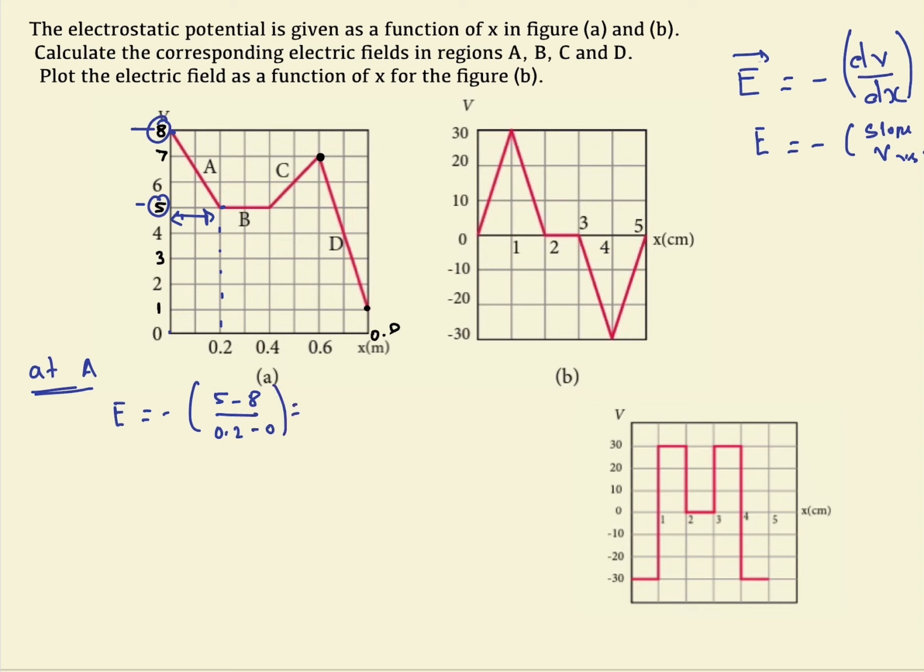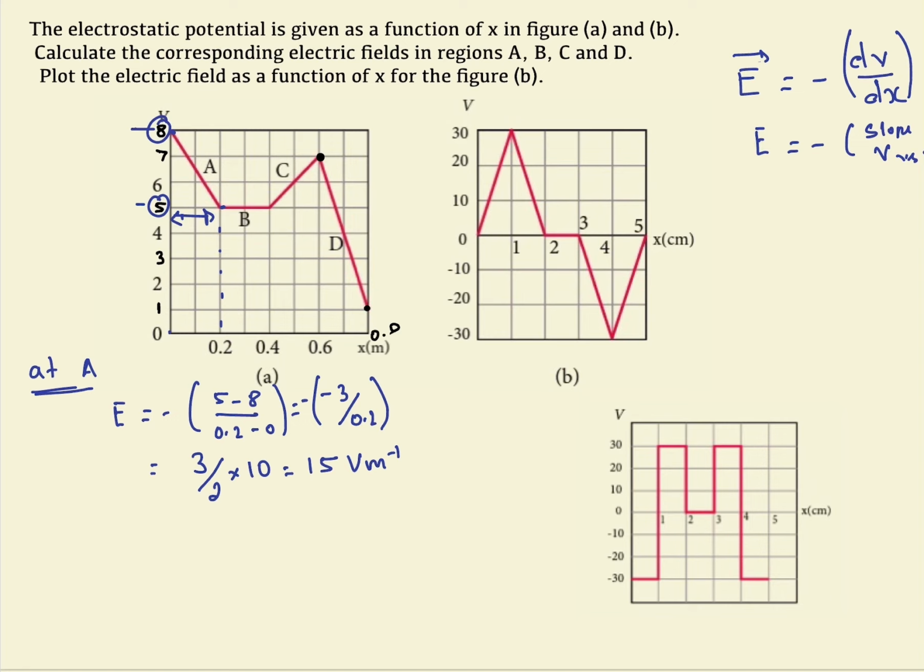Don't forget, already one minus is there, so minus of minus 3 by 0.2, which is plus 3 divided by 2 into 10 to the power minus 1, so 30 by 2, that is 15. Don't forget the unit of electric field, volt per meter. So this is the electric field at A.